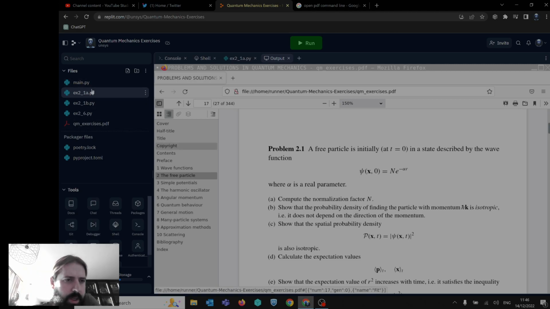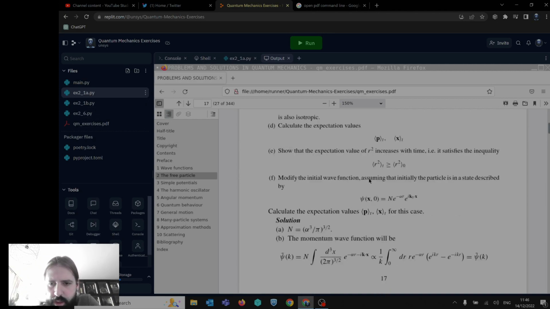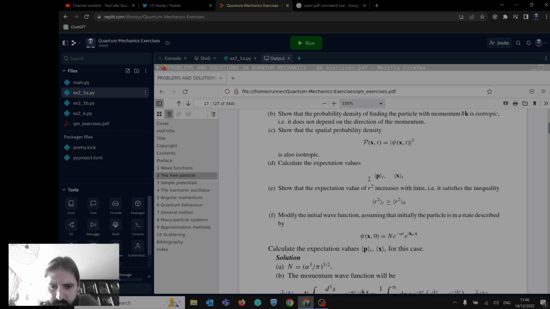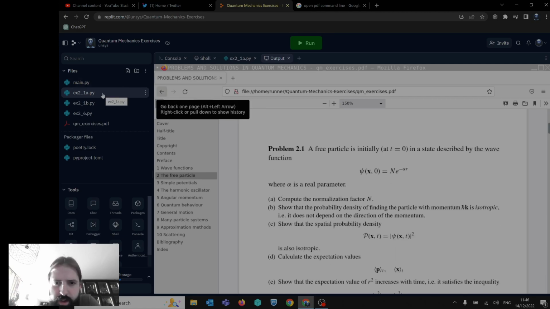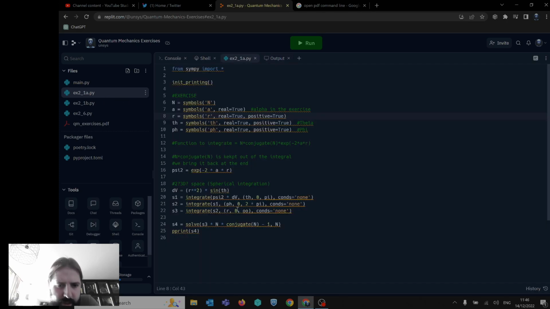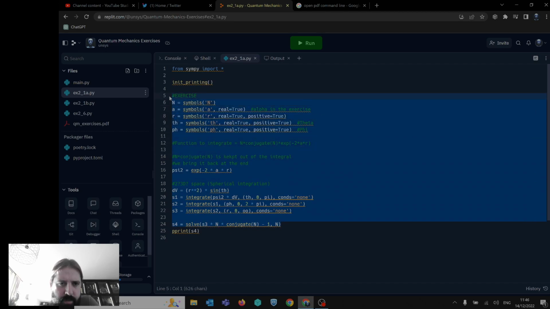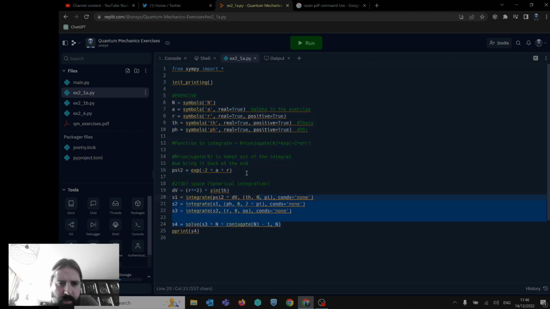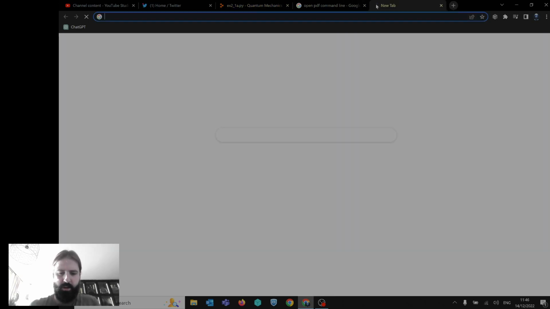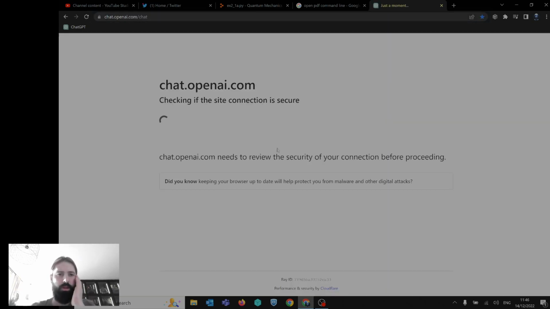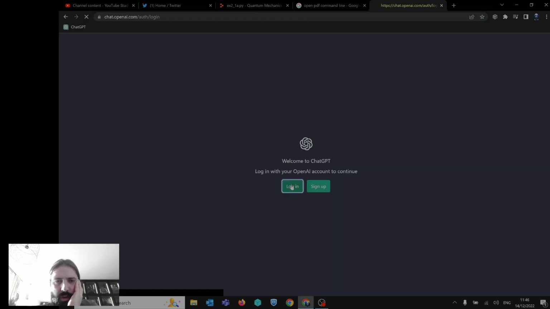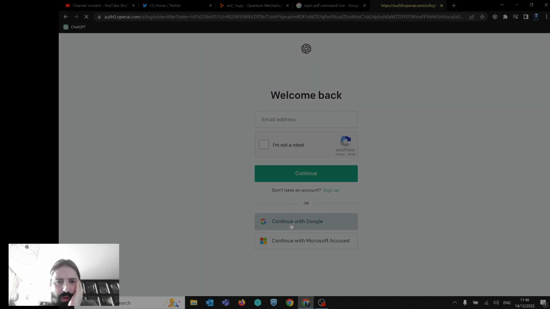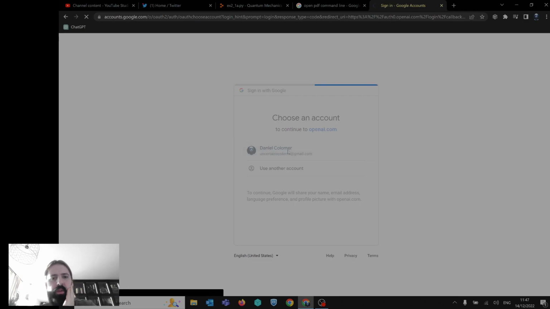Probably it will not, but if I give it the 2.1a, if I give it this and ask it like ChatGPT, can I ask it to solve these?